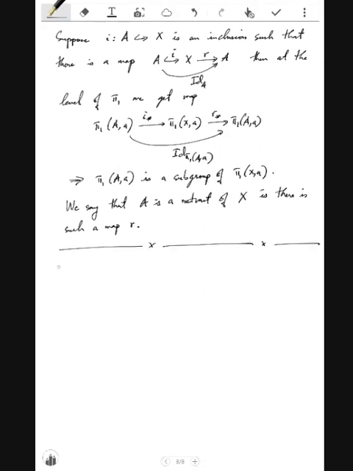So some easy computations of the fundamental group.